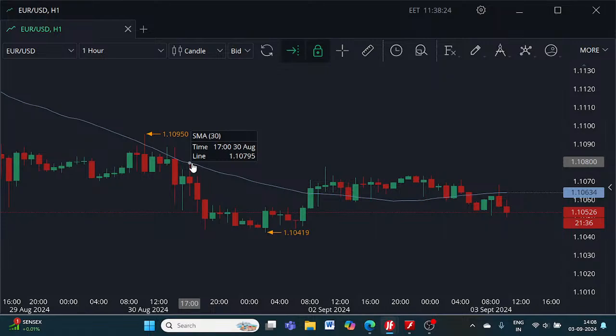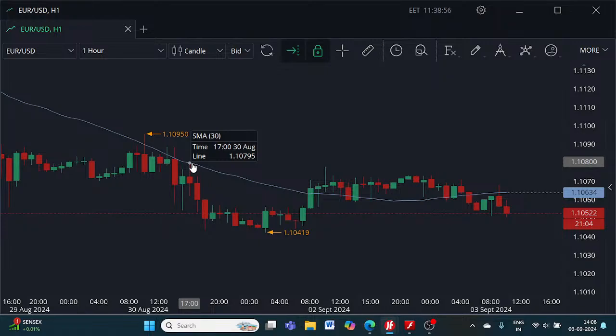As the average price shifts, its output value also shifts. If we have the average price of the underlying instrument which is declining, then we get a downward sloping moving average. It is called simple because it takes into account simply the sum of the given period of average price and then divides it by the number of periods.